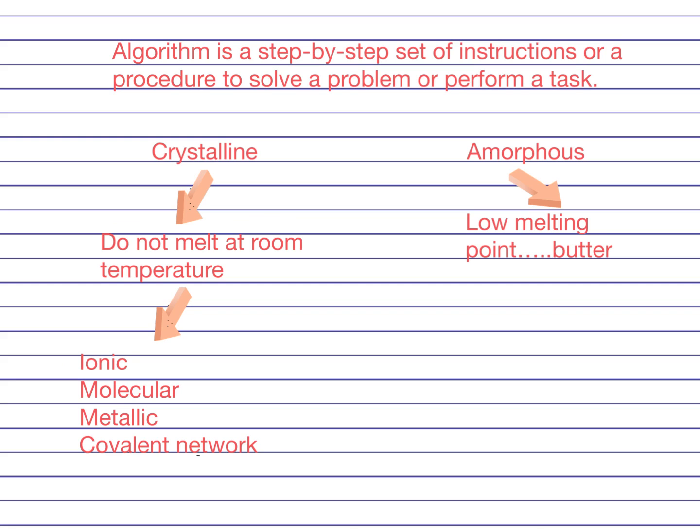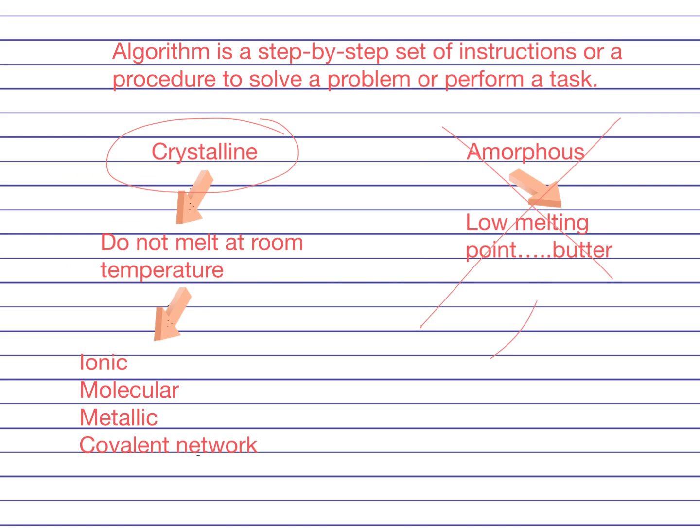The answer was no. And in addition, you observe that the solid has a crystalline structure. So you decide right away that the solid you have was not amorphous, it was a crystalline one.